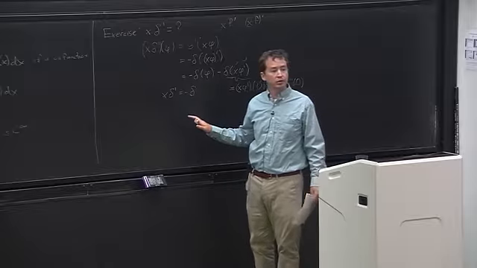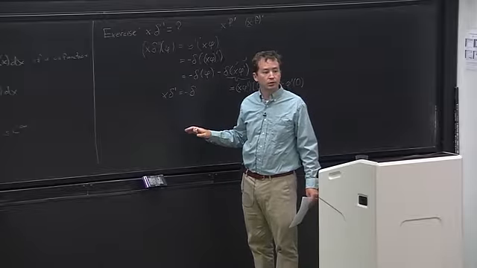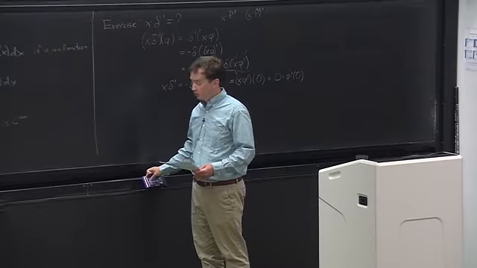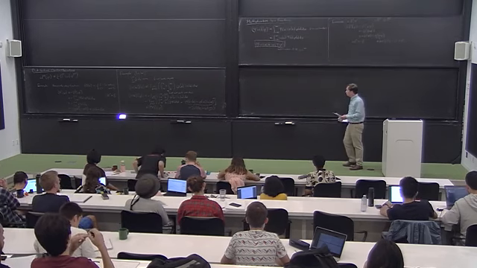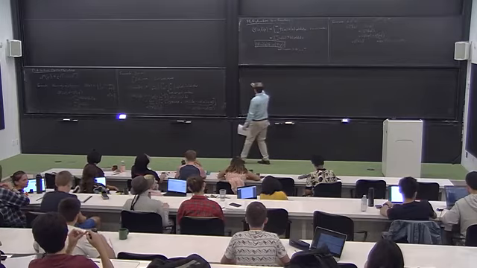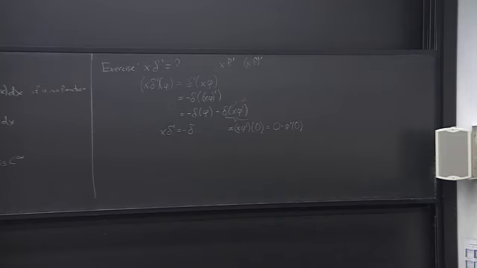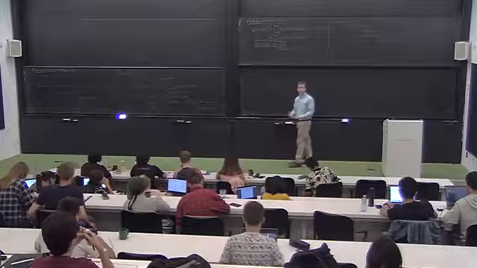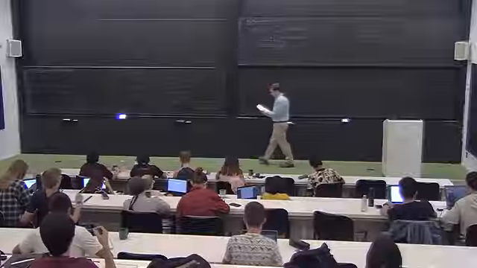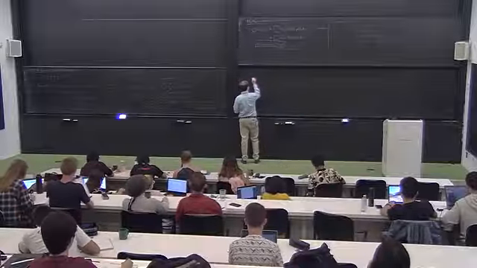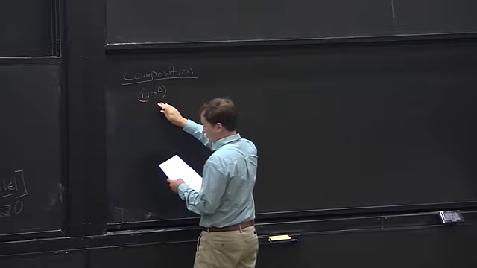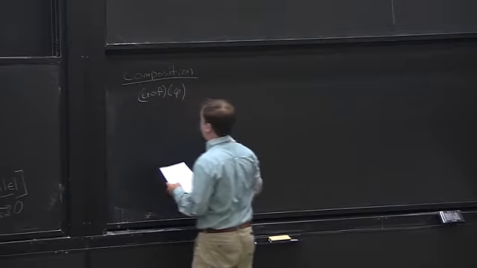Any other questions on this example? Okay, so the third operation we can perform on distributions is to compose it with a function. What we want to compute is u composed with f acting on a test function.